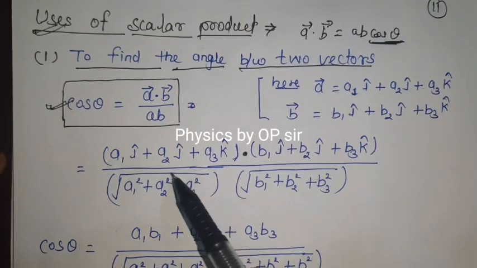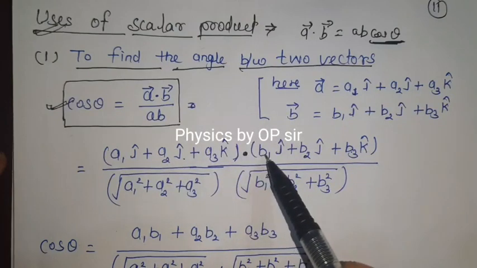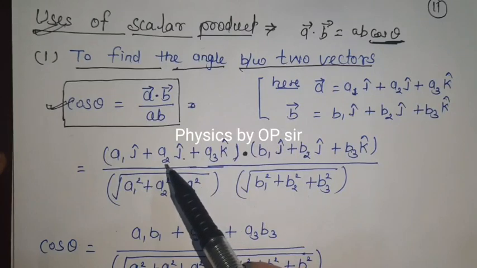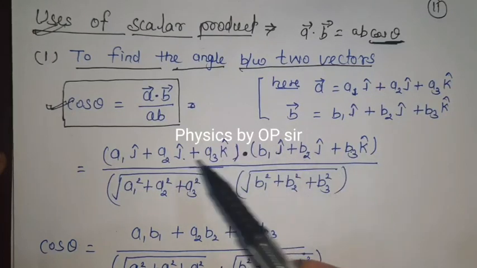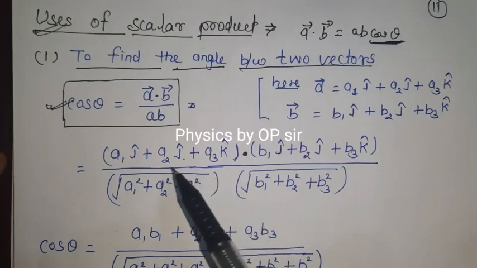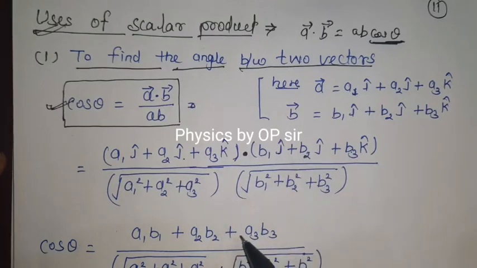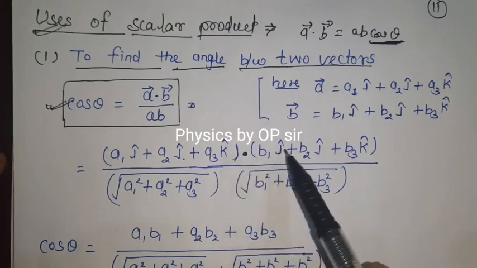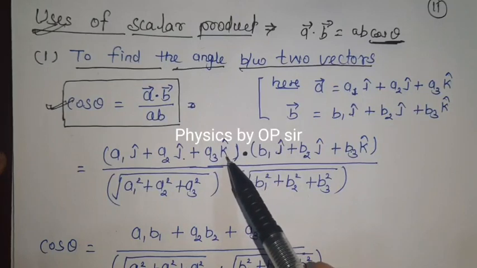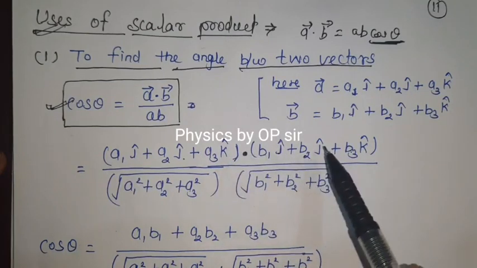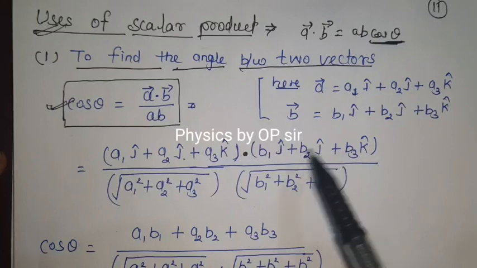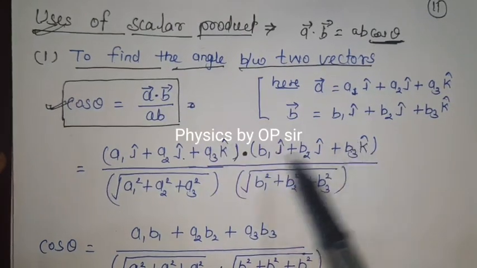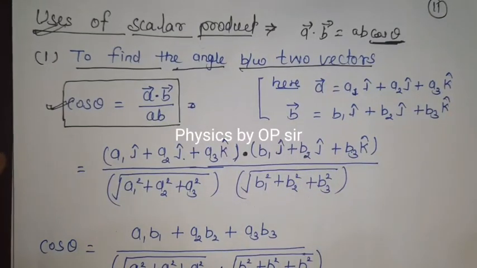Now a2 j cap with b1 i cap is 0 because j and i give 0, and a2 j cap with b2 j cap, j dot j is 1, so we can write a2 multiply b2. Same way, a3 k cap with b1 i cap, k and i is 0, then a3 k cap with b2 j cap, k and j is 0, then a3 k cap with b3 k cap is 1, so a3 multiply b3.